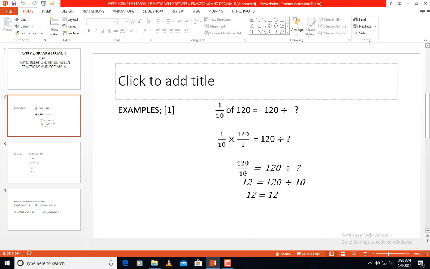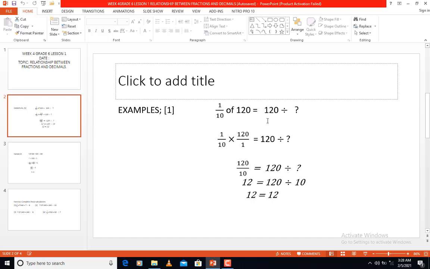Now 1 over 10 multiplied by 120 over 1 is equal to 120 over 10. As you can see here, I've multiplied the numerators alone and the denominators alone, then you get this. If you divide, cancel the zeros, you remain with 12. Now, let's quickly decide: 120 divided by what, so that we also get 12? So if we divide by 10, we get what? 12. So here, it means 12 is equal to 12.